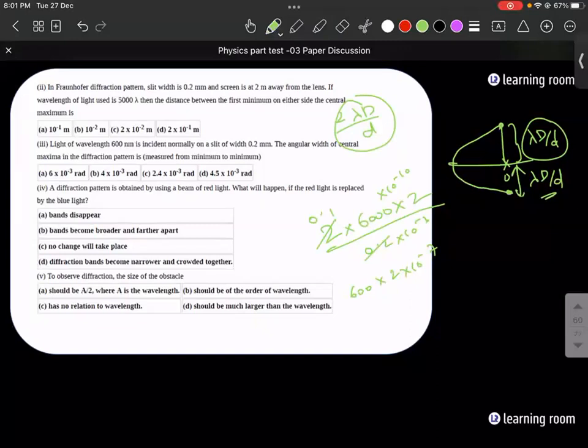Did I miss anything? Sir, the wavelength is actually 5000, not 6000. Oh, 5000. Okay. I took the previous value. So 5000 means 500 into 2, 1 should be the answer.